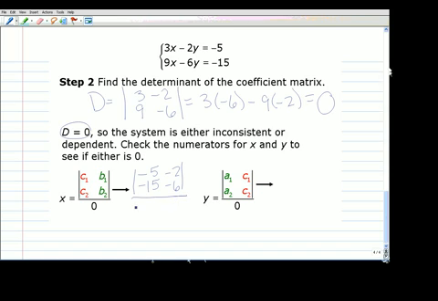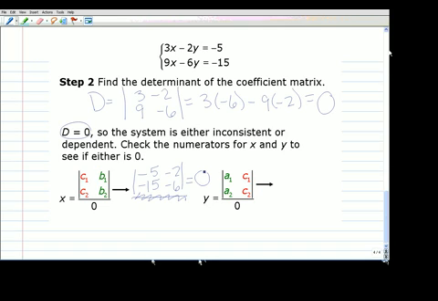We'll divide that by, well, okay, so we're not really dividing, right? Because if we divide by 0, that's undefined. So let's leave that off. Just find the determinant of this matrix, and that equals 0. We could stop there because the rule is that as long as at least one numerator is equal to 0, then the system is dependent and has infinitely many solutions.